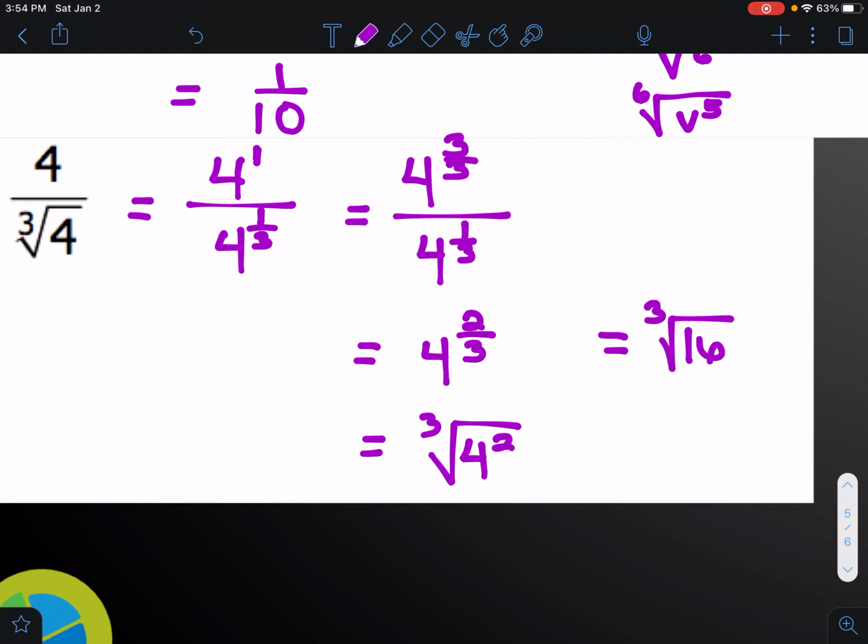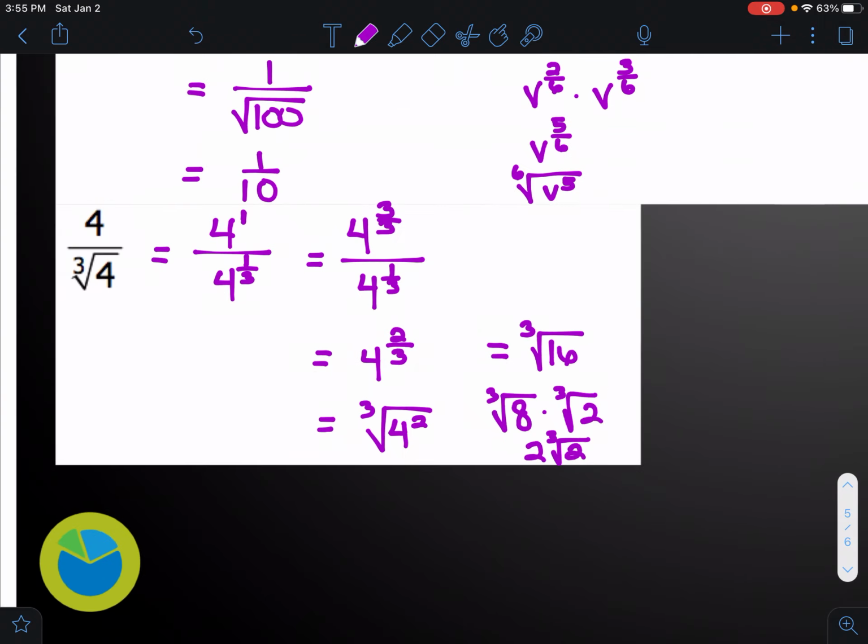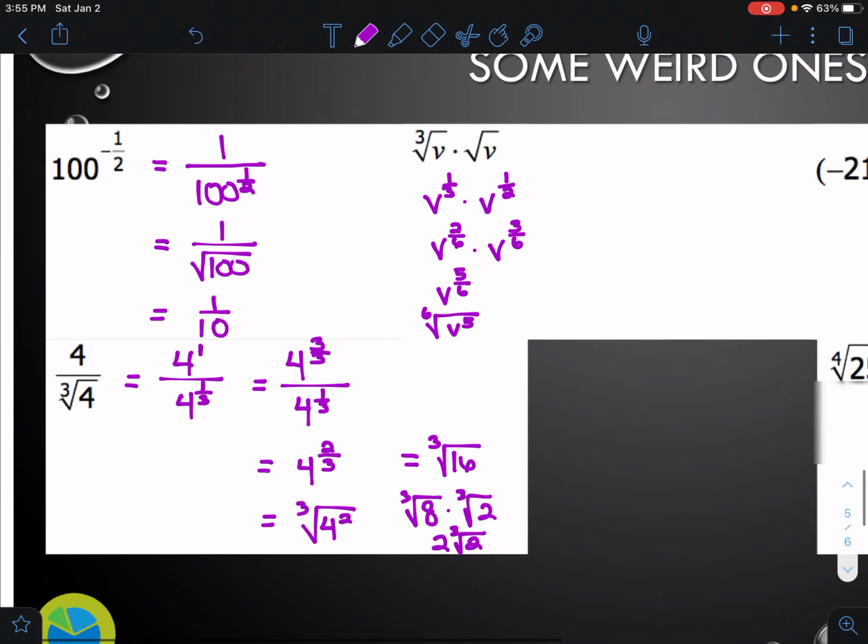I can break that apart, right? So this would be cube root of 8 times cube root of 2. So this would be 2 times the cube root of 2. A little more going on. That one's kind of a weird one. Like I said, these are a bunch of weird ones.